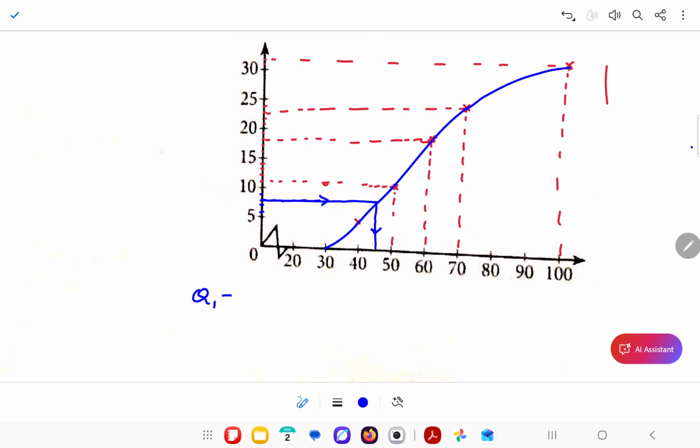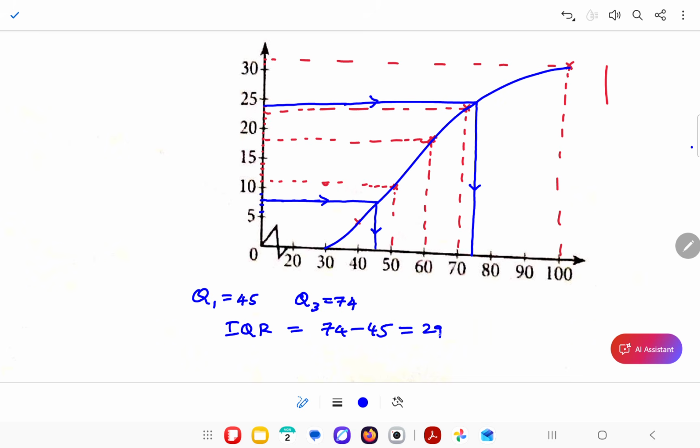So Q1 looks like 45. Q3 is 24 now. So from here go up to here. Now go down. Let's say Q3 is close to 74. So IQR is 74 minus 45, 29.